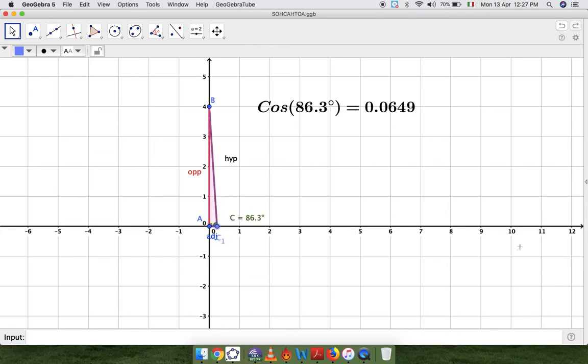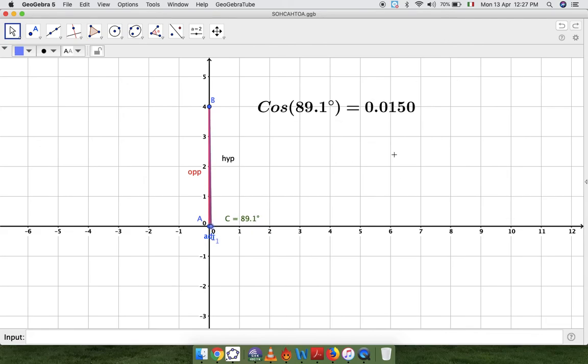And the hypotenuse is getting closer and closer to 4. So we're getting a fraction whose numerator, the adjacent side, is getting closer to 0, divided by the hypotenuse, the denominator, which is getting closer to 4. So you're getting a number that's getting closer and closer to 0 divided by 4, which of course is 0, which is why the cosine here is almost 0.